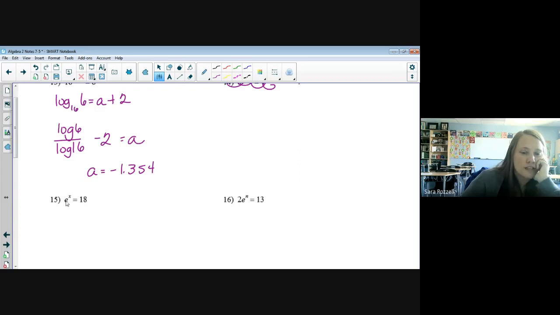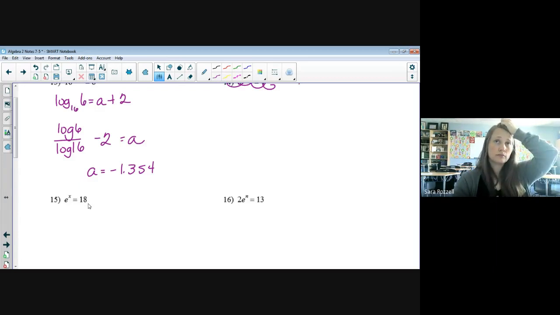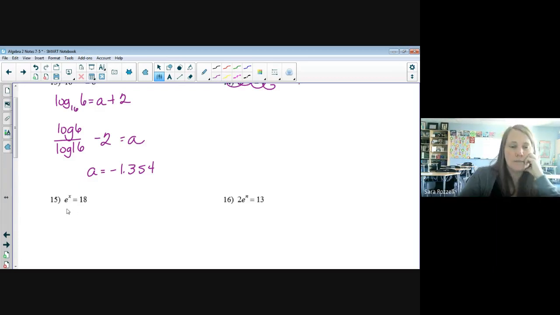On number 15, do we have a base and a power by itself? Yep, so we're ready to write it as a log. What is the base? The base is e, okay? So log base e of 18 is equal to x.